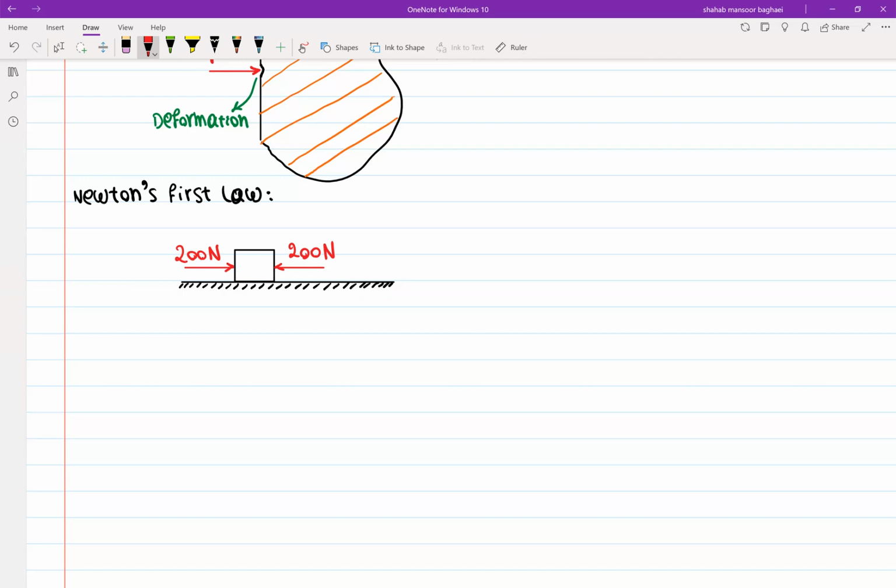The same force, 200, but opposite direction. I mean, the first one is to the right and the second one is to the left. Therefore, they will cancel each other. It means you have zero net force. Over here, you can call it net force is zero for this condition.